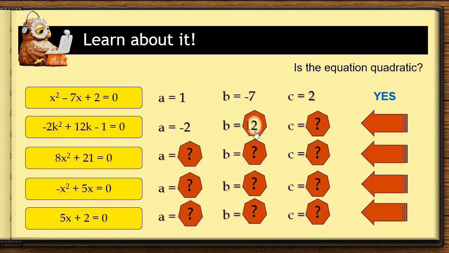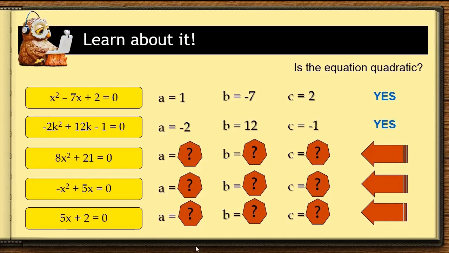So the answer is positive 12. And the constant in this equation is obviously negative 1. Take note of the sign of each term. Is the equation also quadratic? Yes, it is also a quadratic equation.